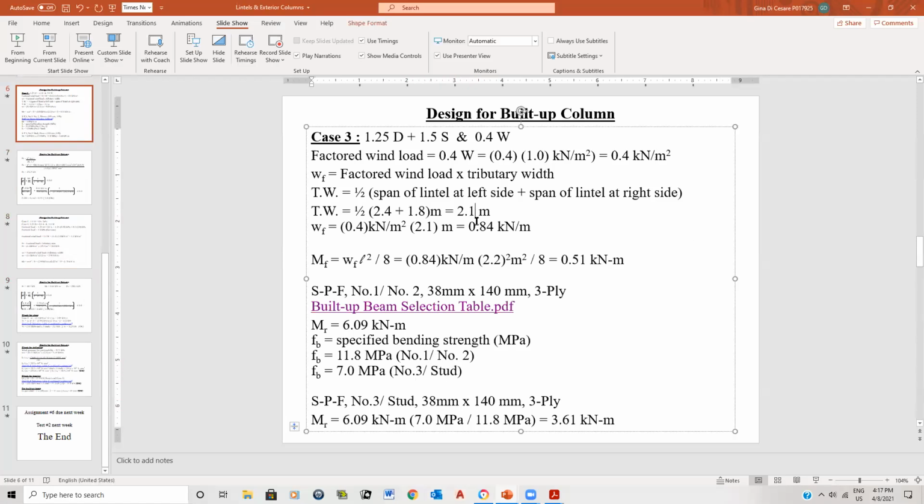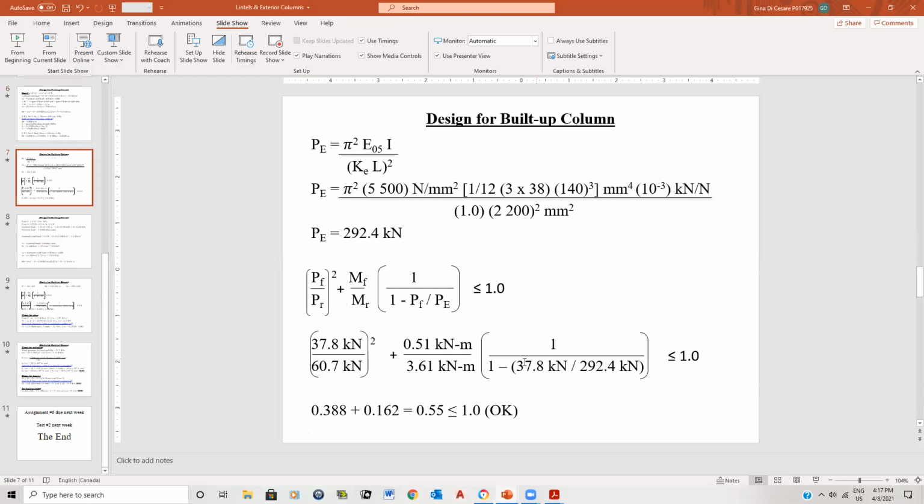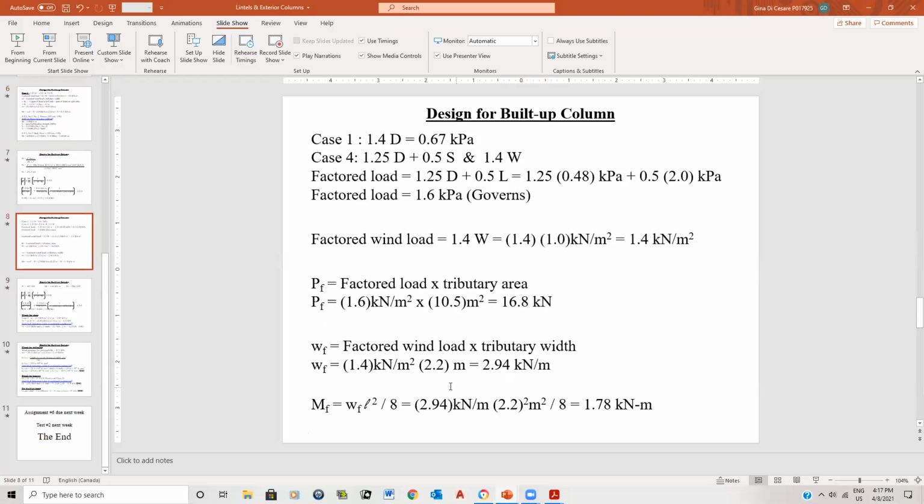Yeah, here. No, not this one, the one afterward. But isn't this the tributary width? Wait. Actually, the last slide, I'm sorry. It's this. I think 2.4 plus 1.8, divided by 2.1. This is for the width, but the other one we were correcting was the length of the stud.